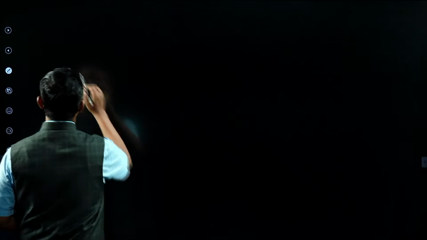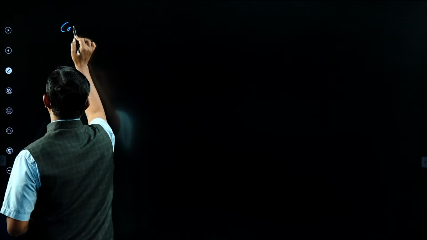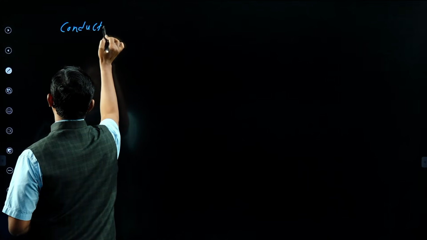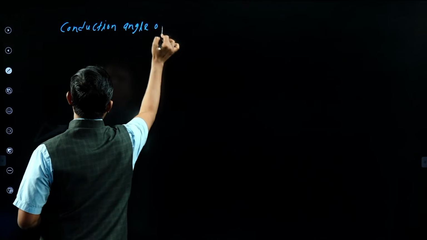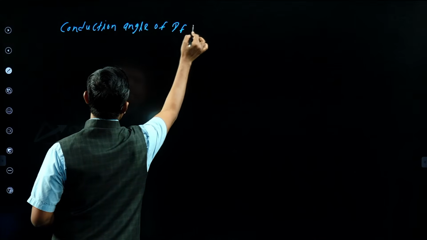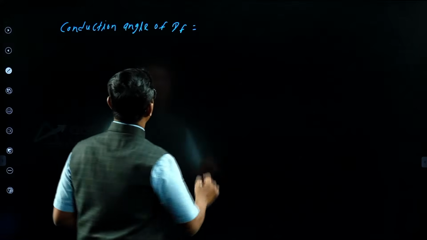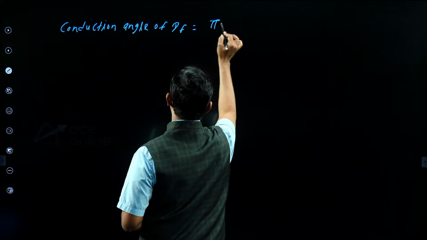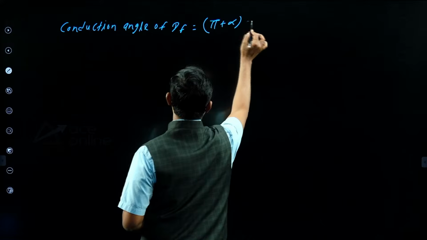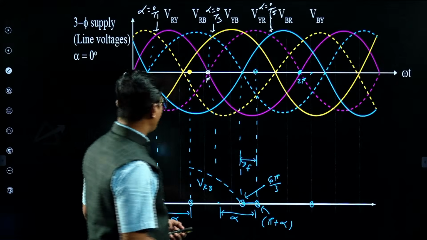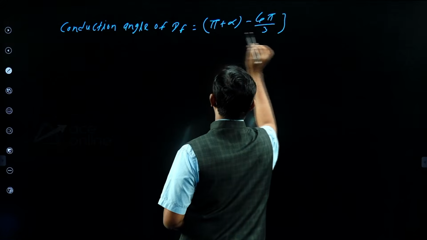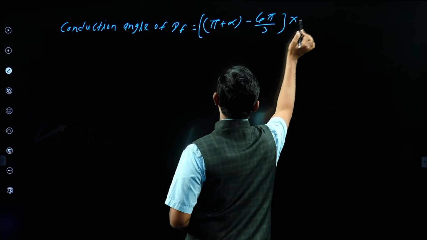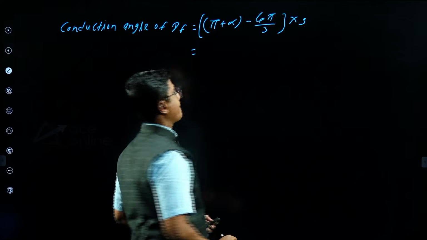So I can write the conduction angle of a freewheeling diode is equal to pi plus alpha minus 4 pi by 3. How many such intervals? 3. This is my total conduction angle.